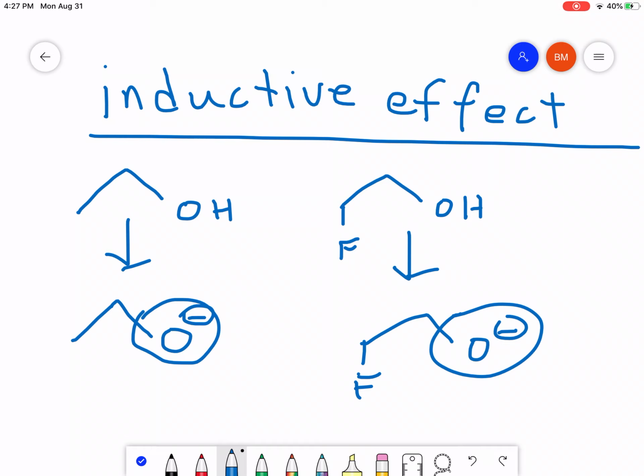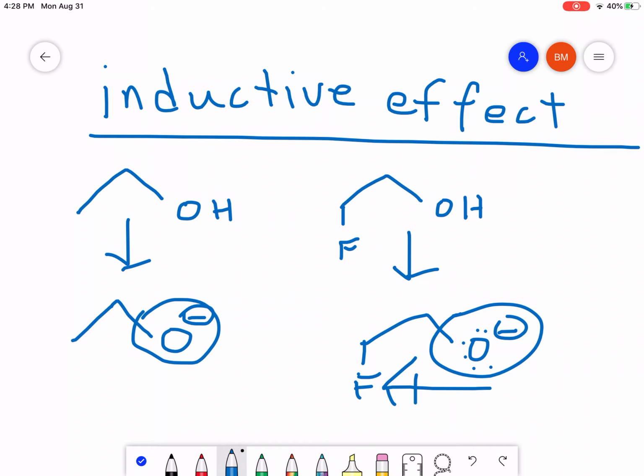And this negative charge, don't forget, even though I didn't draw them, is due to an abundance of electron density. What fluorine can do is pull some of that electron density toward its way. It's not going to completely yank the electrons away or anything, but it's just going to cause that electron cloud to drift a little bit over the course of the molecule instead of staying all bunched up on that oxygen.